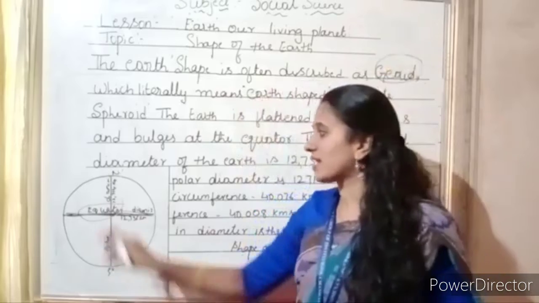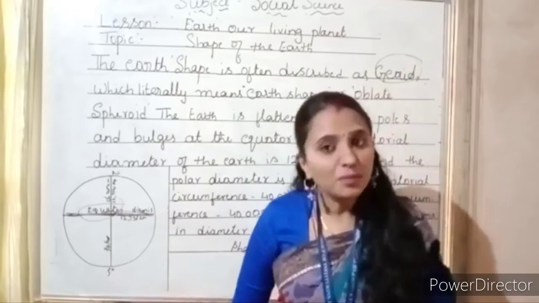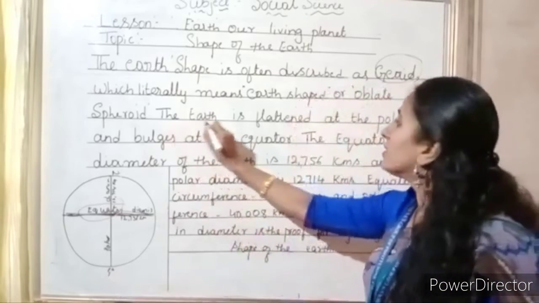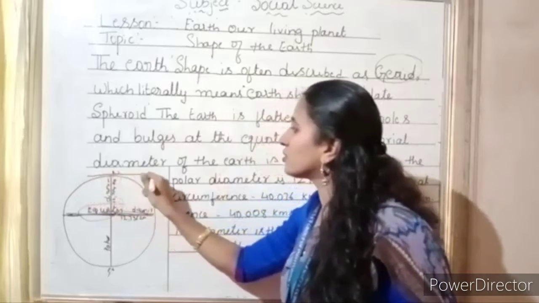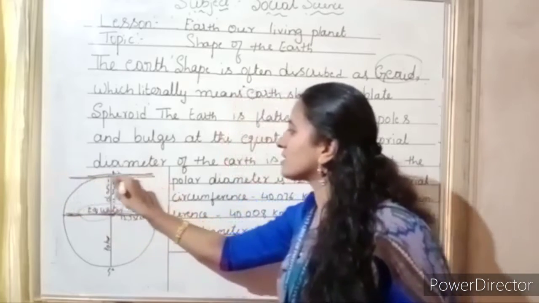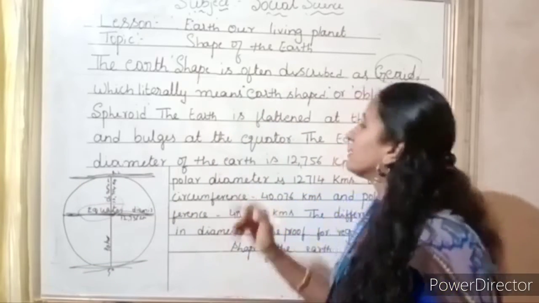The upper part is considered the northern pole, and the lower part is considered the southern pole. So you can observe here, the Earth is flattened at the poles. The top of the Earth, the north pole, and the south pole are flat. It is completely flat.